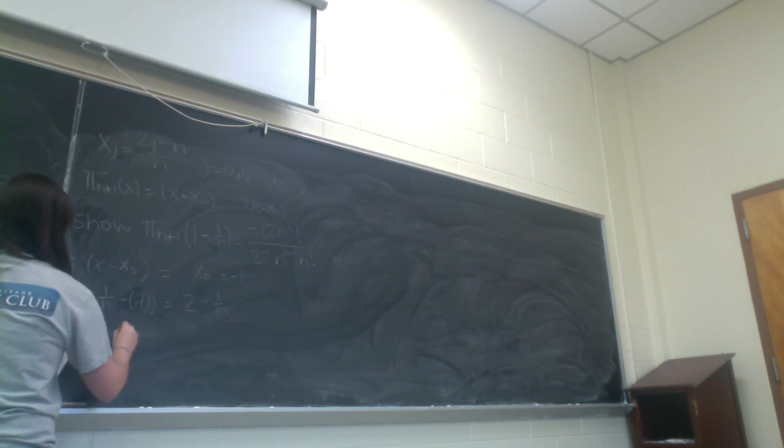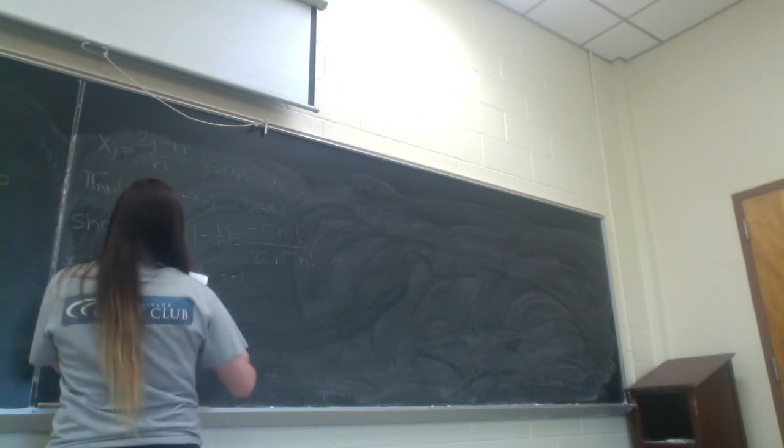Okay, so then I just did x minus x1, where x1 equals 2 over n minus 1. So 1 minus 1 over n minus that gives 2 minus 3 over n. Do you want me to go through the last one?